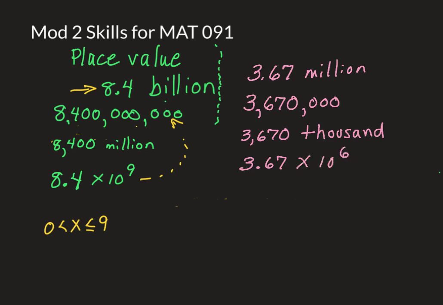And another way to look at both of these exponential or scientific notation numbers is if we wanted to convert them back to an original number, 8.4 is multiplied by 10 to the 9th, so we would move the decimal point 9 to the right, 1, 2, 3, 4, 5, 6, 7, 8, 9, and fill in zeros as needed.